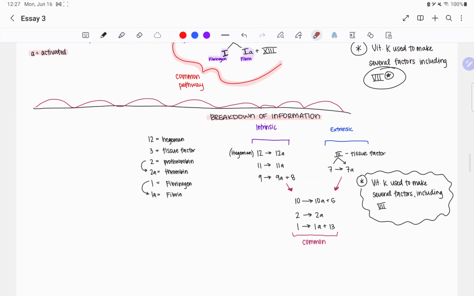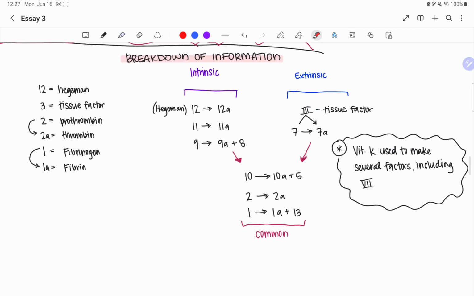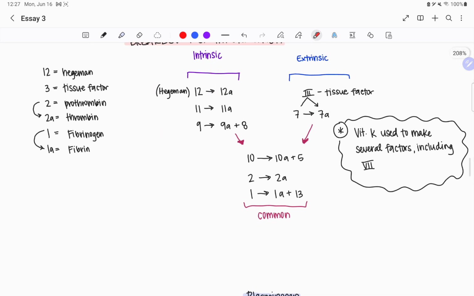So I tried to draw it out maybe just a little different so that it maybe makes a little more sense. So again, we have the intrinsic is 12 to 12A interacting with some negative charge here. Okay. 12 to 12A, and then 11 to 11A, and then 9 to 9A, plus 8. Okay, so that's kind of the start. That's the intrinsic pathway.